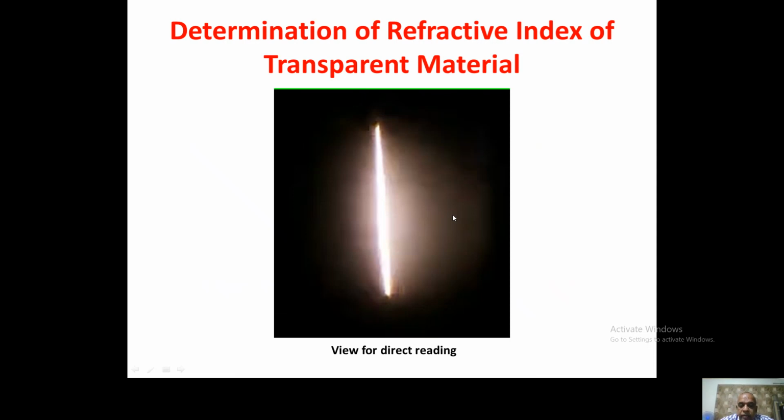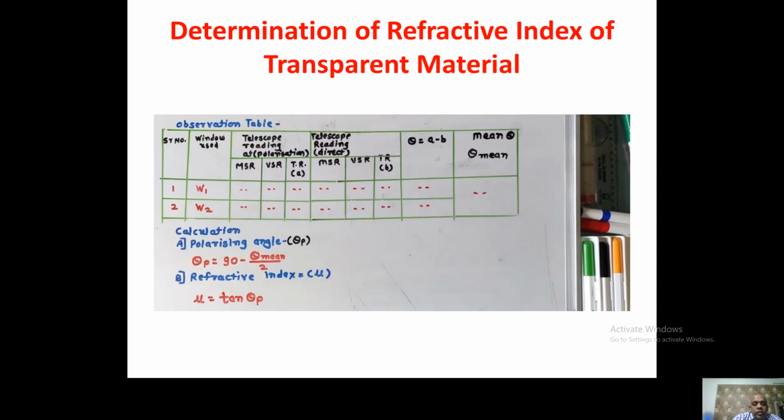Then write down the direct reading here like this. This is window 1. This is the telescope reading for direct measurement. Here is the main scale reading, the line of the vernier scale coinciding on the main scale, that is the vernier scale reading, multiplied by its least count, and then the total reading is here. For window 2 also, write the main scale reading, then the vernier scale reading, and then the total reading, like this.